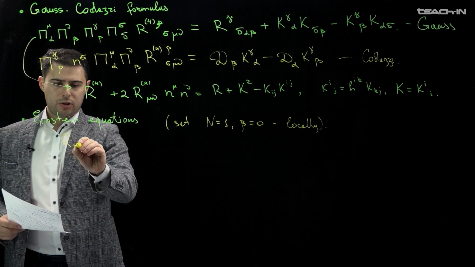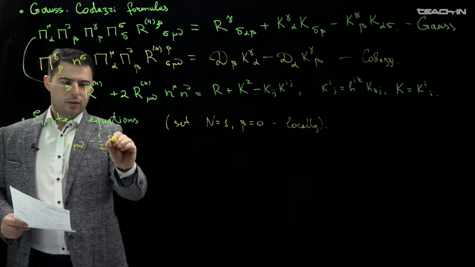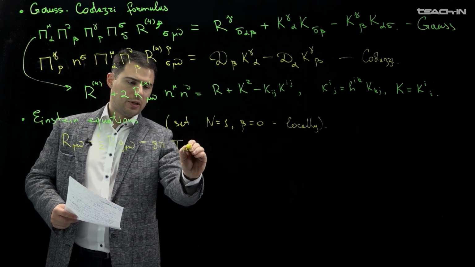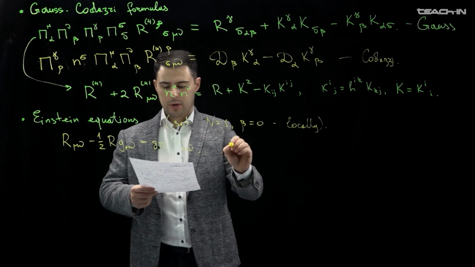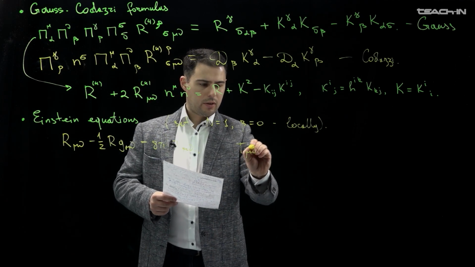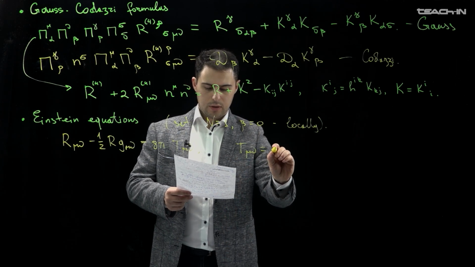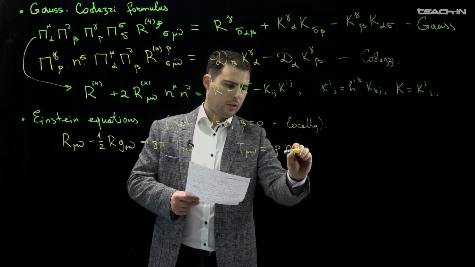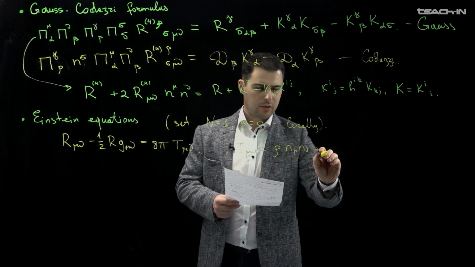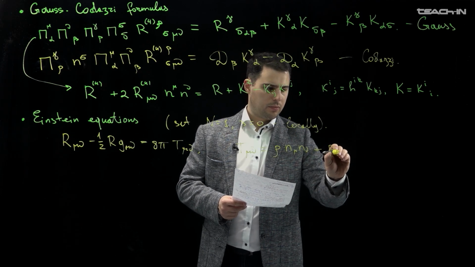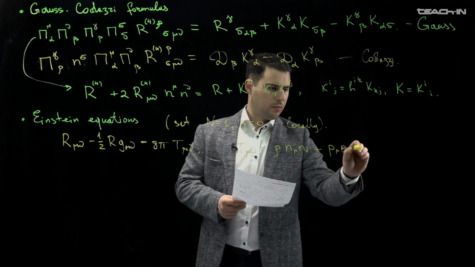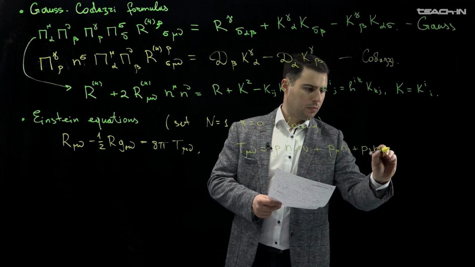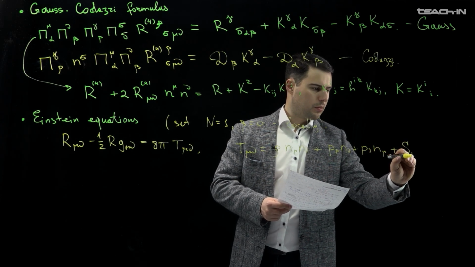The four-dimensional Einstein equations are given by this, where the stress tensor is in its turn given by rho for density and mu plus the pressure, plus the remaining part.